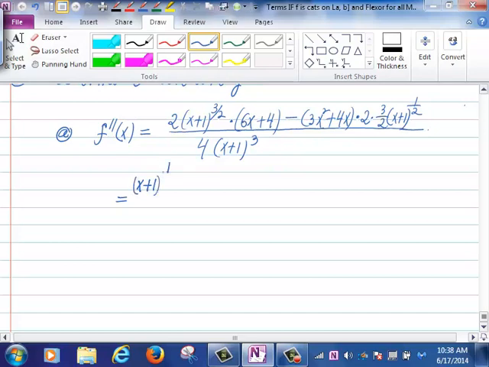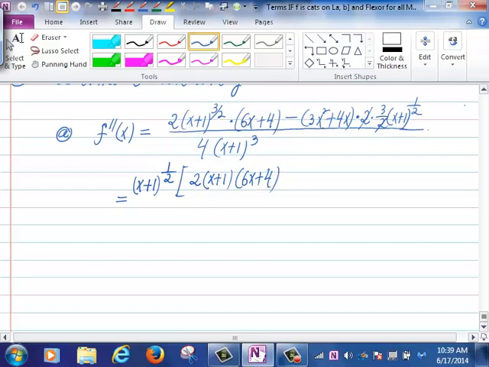The 2 here cancels out, right? If I factor out x plus 1 to the half, what do I get from the first term? 2 times x plus 1 times 6x plus 4. You guys agree with that?